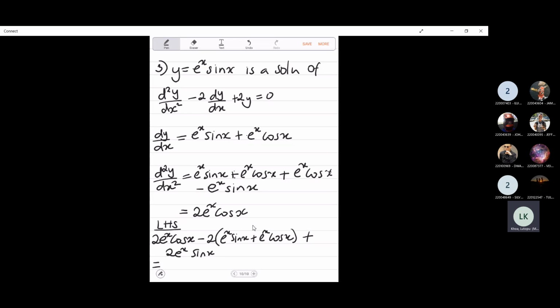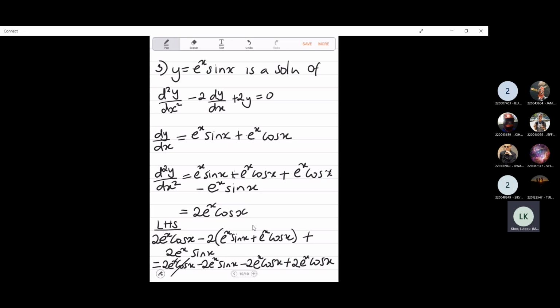So I can just multiply out my brackets to show that e to the power of x cos x minus 2e to the power of x sine x minus 2e to the power of x cos x plus 2e to the power of x sine x. Then we can see this one cancels with this one.